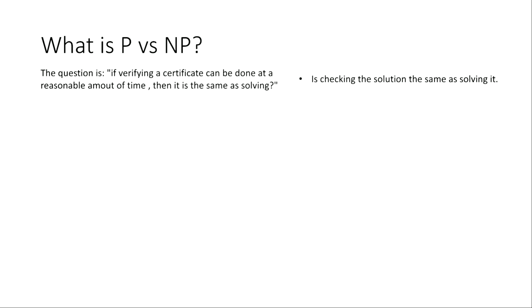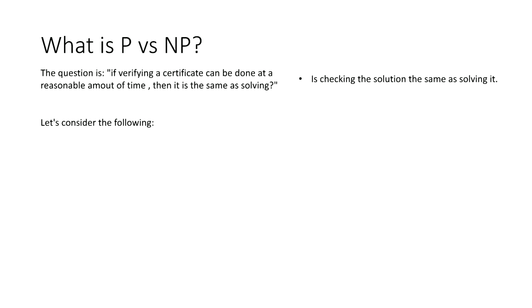So just because there are some easy traveling salesman problems doesn't mean the easy problem is the same as the hard problem. And if you think about my paradox, that sort of method of doing two things at the same time, it's undecidable. Now let's consider the following.